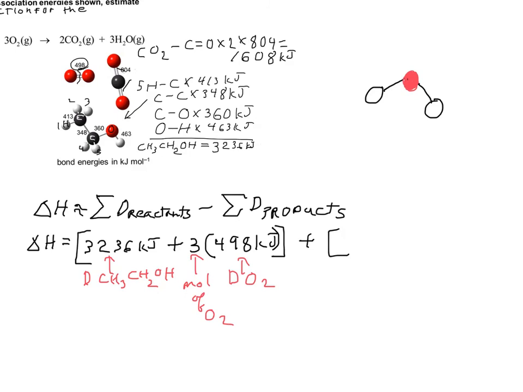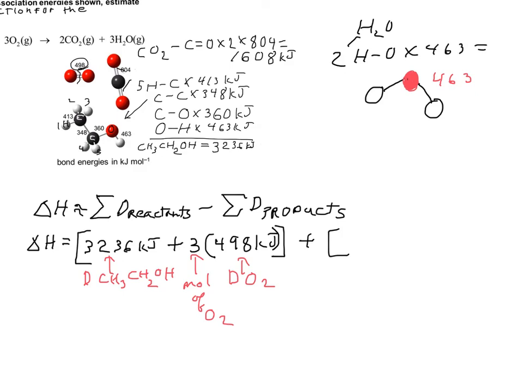So we've got two hydrogen-oxygen bonds with 463 kilojoules each. So if we go to our tally sheet for water, water has two hydrogen-oxygen bonds at 463 each.